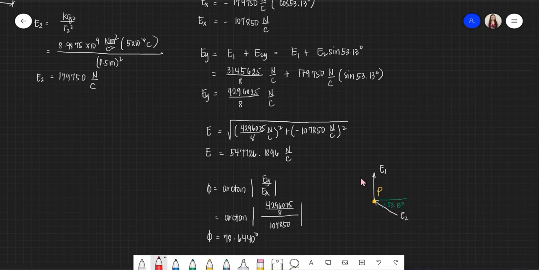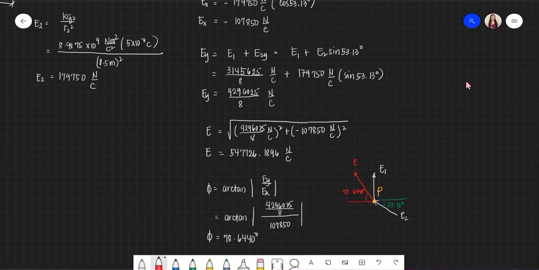So our resultant or net E is in this direction, 78.64 degrees. This is our resultant field.